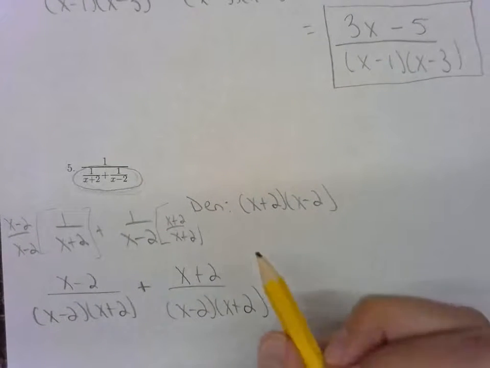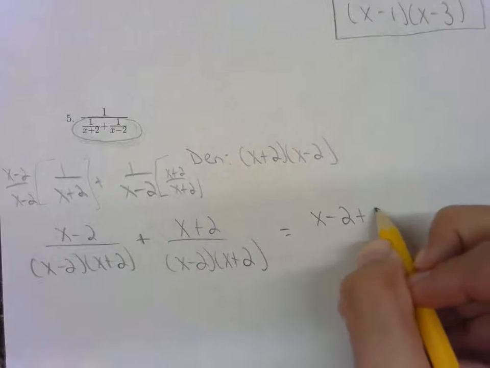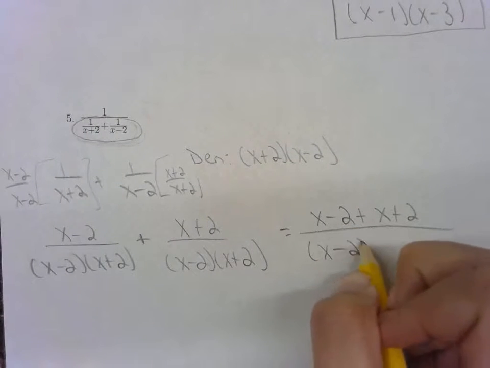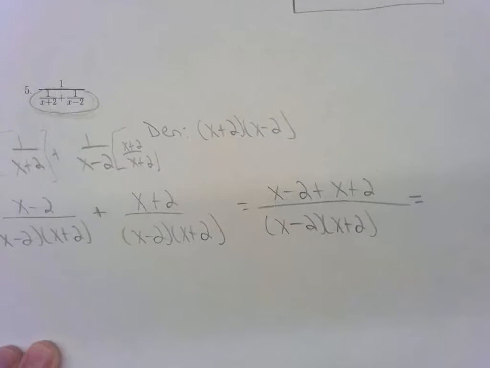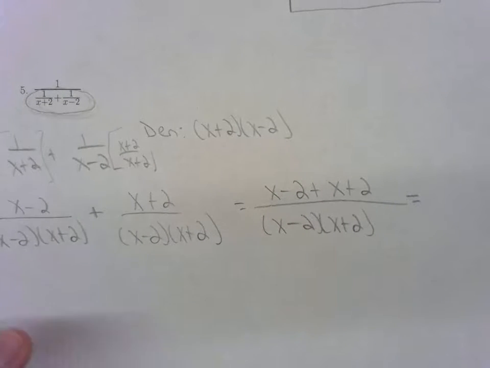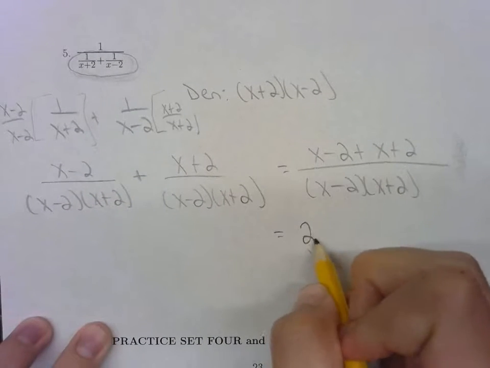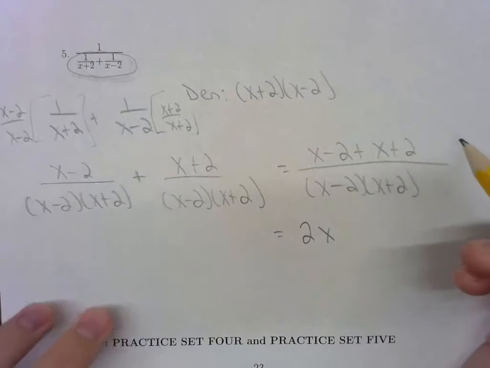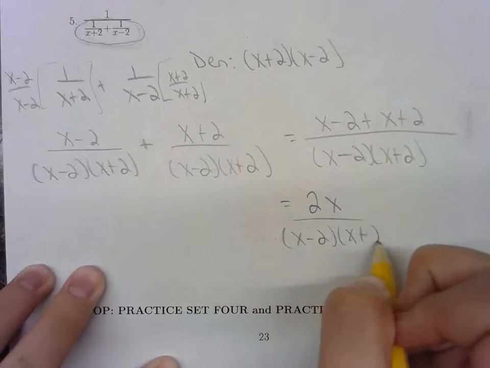Okay, so now we can add. This gives us x minus 2 plus x plus 2 over x minus 2 times x plus 2. Okay, this simplifies to 2x, because the minus 2 plus 2 goes away, over x minus 2 times x plus 2.